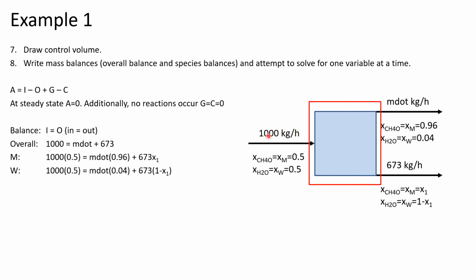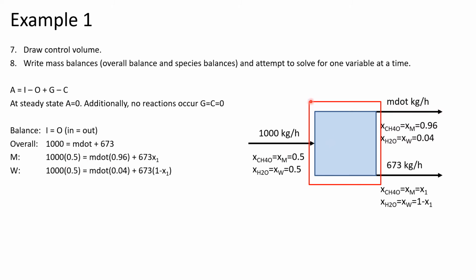The total flow rate is 1,000 kilograms per hour, and we know that half of that is methanol because the mass fraction is methanol. So the total amount of methanol coming in is going to be 1,000 times a half. If we look over here, we put 1,000 times a half as an input on the left-hand side of the equal sign in our methanol balance.